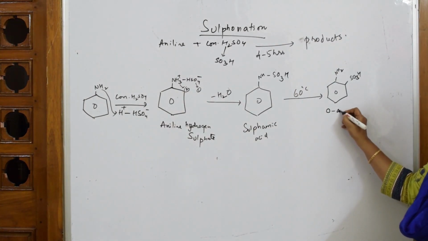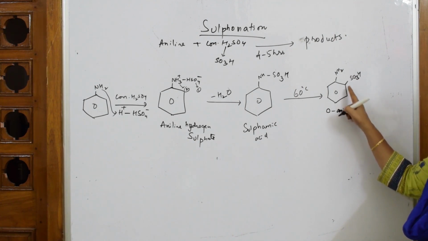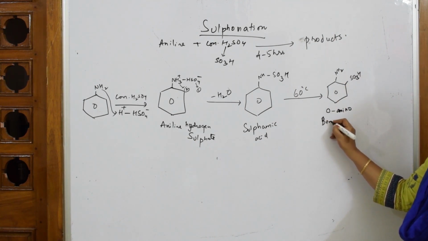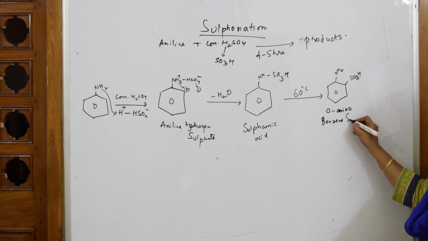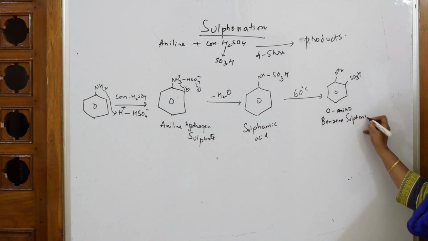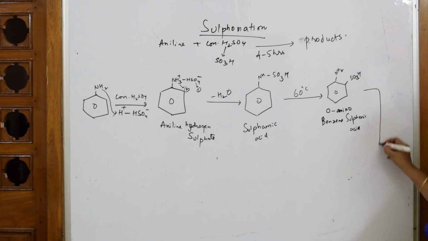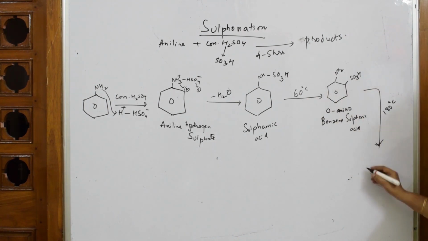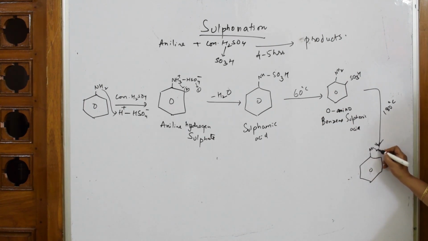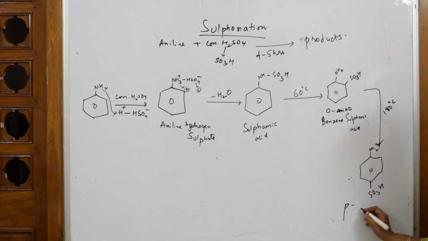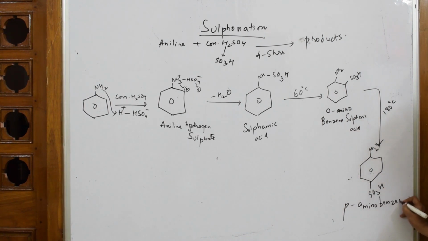Now when you increase the temperature to 180 degrees, you get a compound called para-amino benzene sulfonic acid.